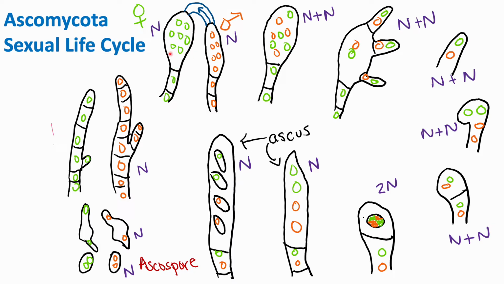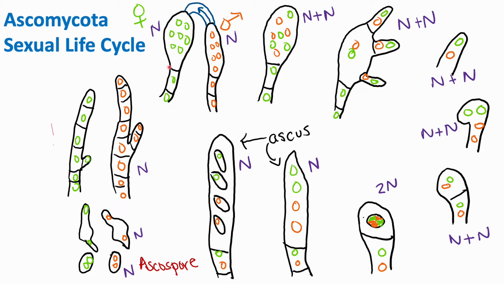And when this swelling occurs, we see that all the nuclei in this compartment are all together with no septation. So remember, the septation that we see over here is no longer present in this tip swelling. Now that swelling is what we refer to as our ascogonium on the female. And over here, this is the antheridium swelling.